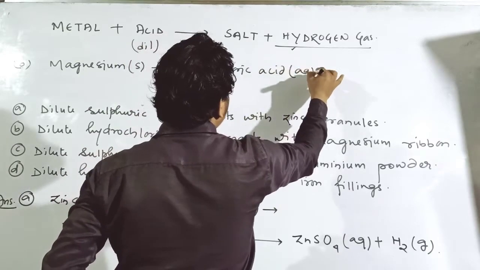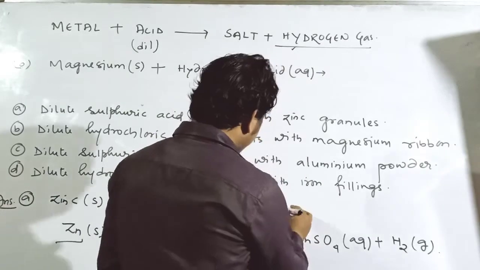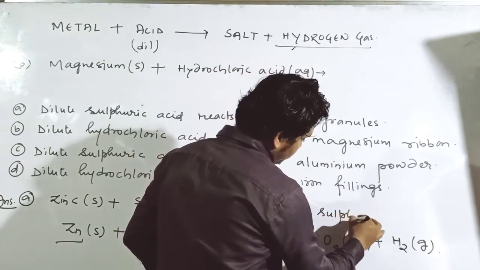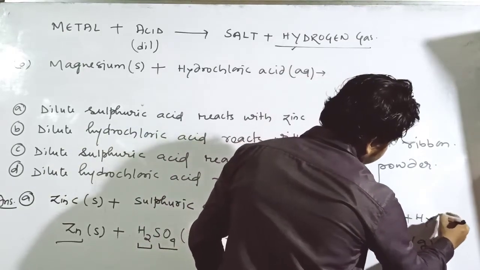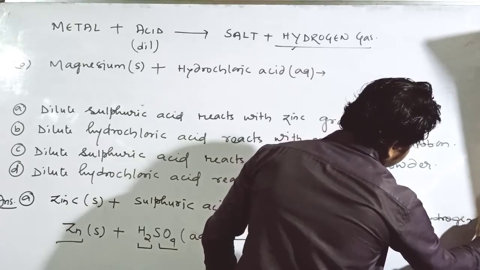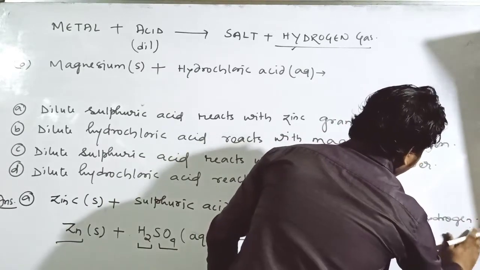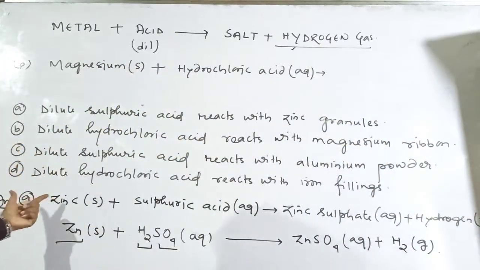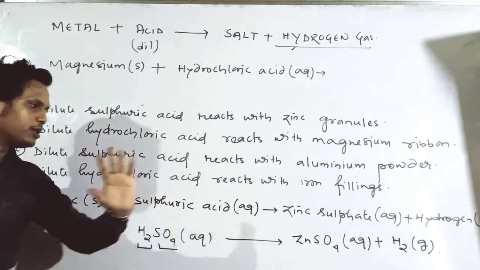The products are the salt and hydrogen gas, because in the question it is asked to write the word equation also. So this is the word equation, as well as the balancing part.